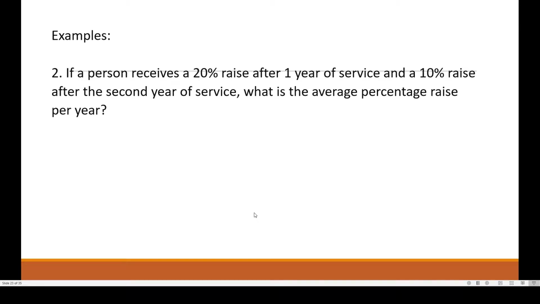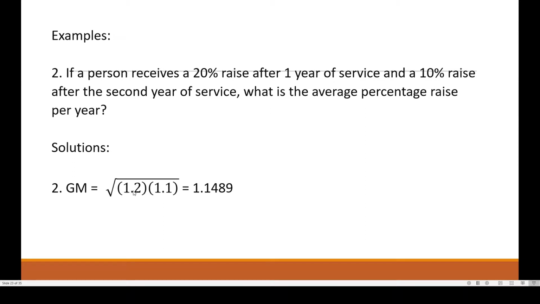Example number 2. If a person receives a 20% raise after 1 year of service and a 10% raise after the second year of service, what is the average percentage raise per year? So, solution. We will use here the geometric mean. Since there are two percentages given, 20% and 10%, we will just multiply them and find the square root.